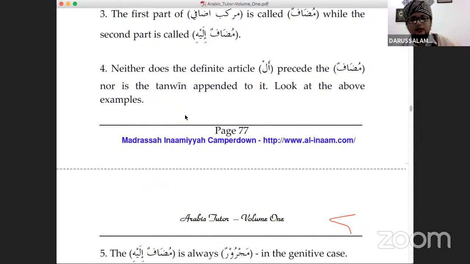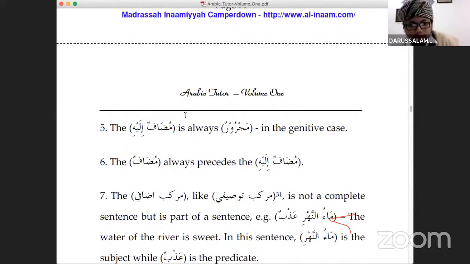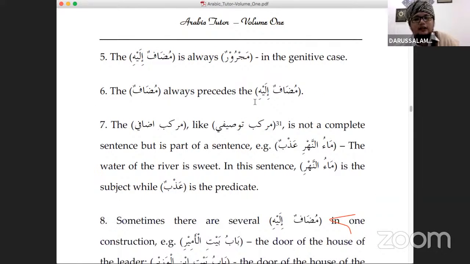Okay? Only those two things to remember. Easy? Okay. And then it says what? The mudaf always precedes the mudaf ilaih. That's obvious. The first part is always called the mudaf.